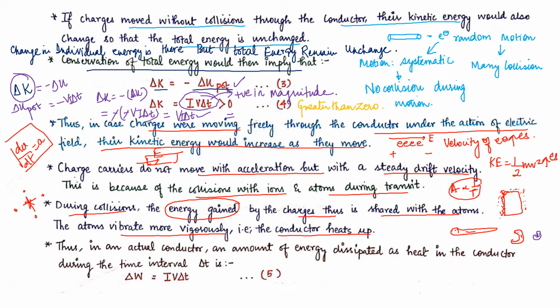We'll come back to the point. During collision, the energy gained by charges is shared with the atoms. The atoms vibrate more vigorously, that is, the conductor heats up. So this is our conductor. In this we have electrons, we have provided the electric field, and they are vibrating. Now when they are vibrating, this energy is given from electrons to atoms.